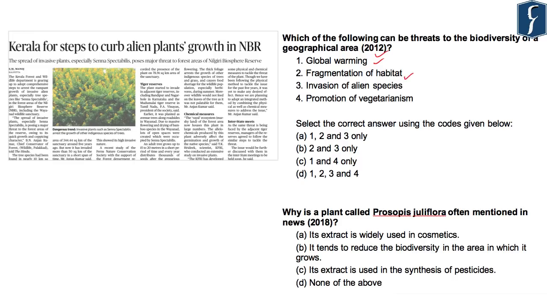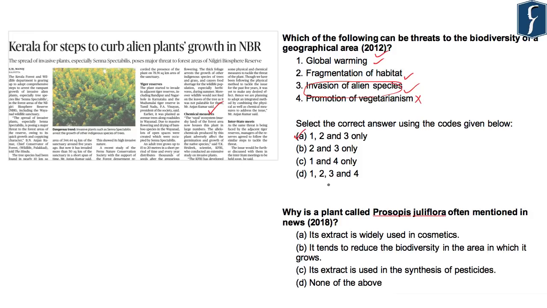Third option is invasion of alien species, and this also leads to threats to the biodiversity, which is the main concern of this article. And the fourth is promotion of vegetarianism, and there is no such direct correlation between promotion of vegetarianism and threats to biodiversity, and hence this option is incorrect. And hence the right answer is A, 1, 2 and 3 only.